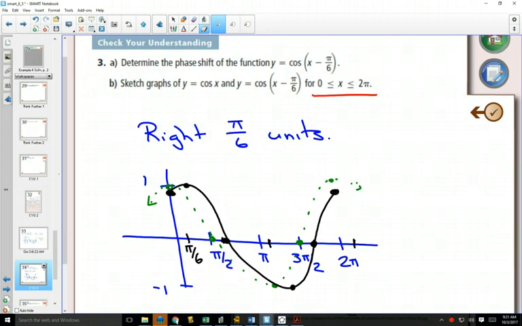Generally on your final exam, they don't give you an exact domain that you have to graph things over. They find that that makes things a little bit difficult because it feels a little bit weird to start in the middle of nowhere and to end in the middle of nowhere. It felt a lot cleaner to end when we ended at this point or started at that point. Generally on your final exam, these kinds of questions say graph at least one period.